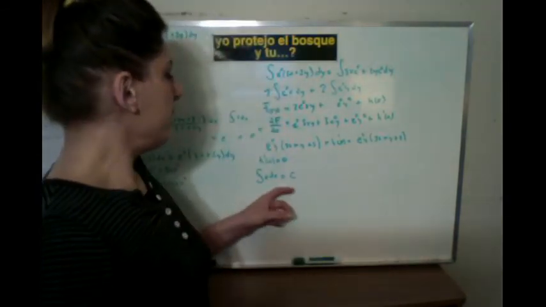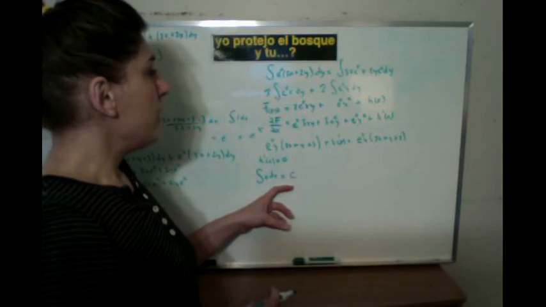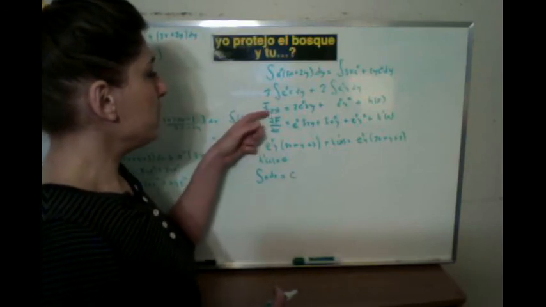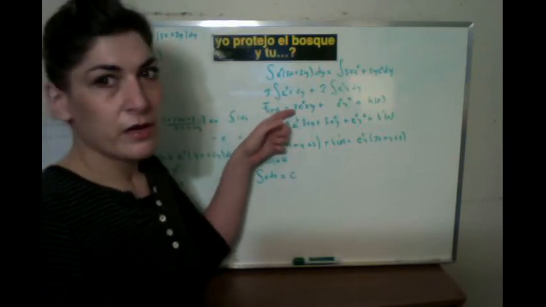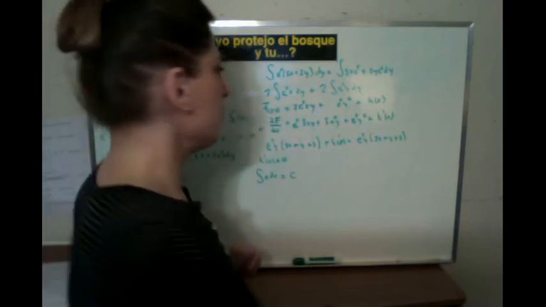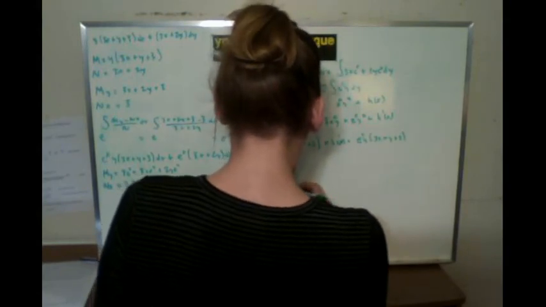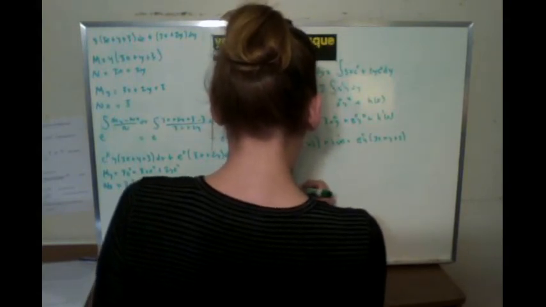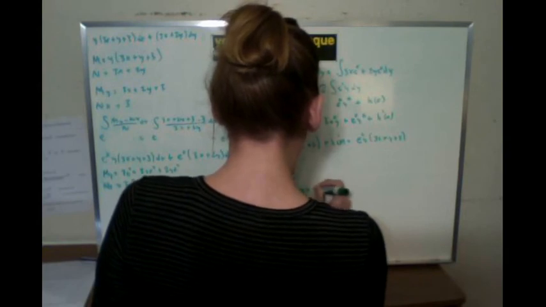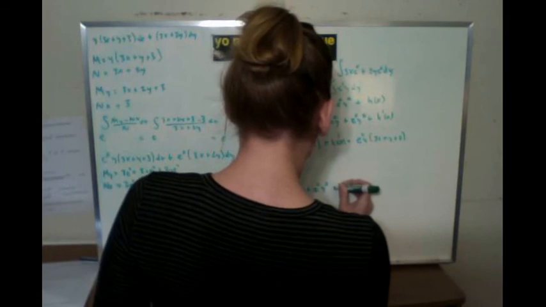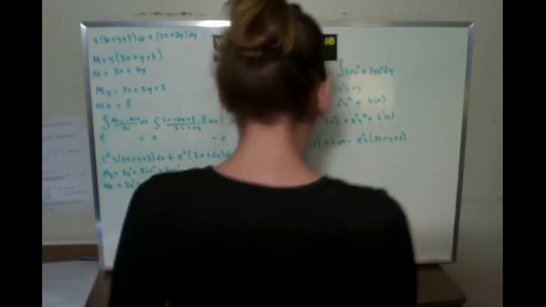We can now plug this into our equation for f(x,y) to give us the final solution to the differential equation. That is 3e to the x times xy plus e to the x times y squared plus c.